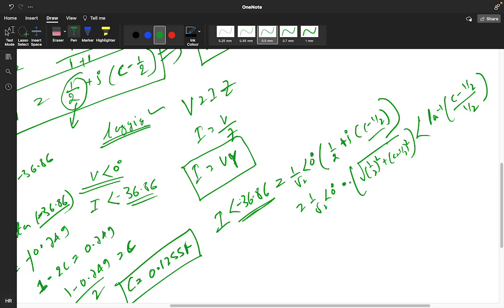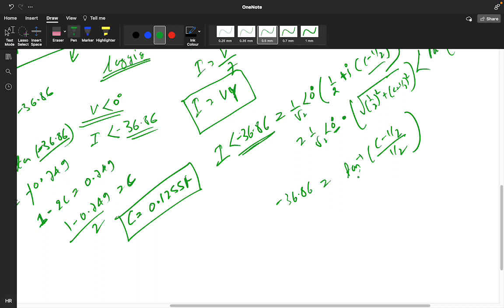Now you are adding this angle, so minus 36.86 is equal to tan inverse of c minus 1 by 2 divided by 1 by 2. Now you need to take this tan to this side. So tan of minus 36.86, with 36.86 into pi into 180 inverse, you are getting minus 0.749, equal to c minus 1 by 2 divided by 1 by 2.